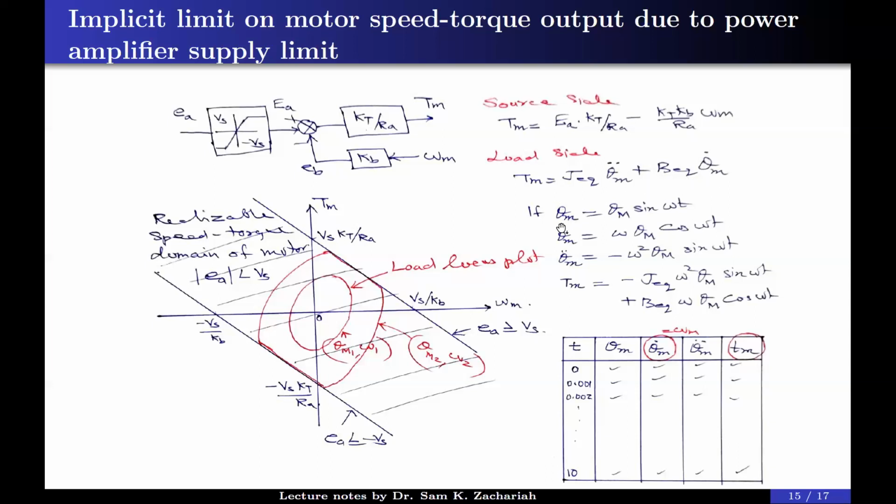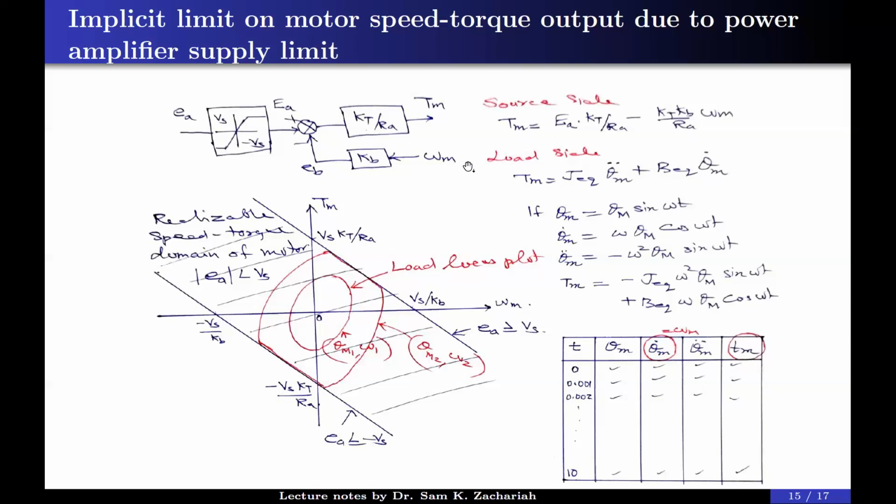Now, if you assume that theta m is capital Theta M sin omega t, that is, the motor shaft is driven to follow a sinusoidal deflection profile with a maximum deflection of capital Theta M and a frequency of omega radian per second.